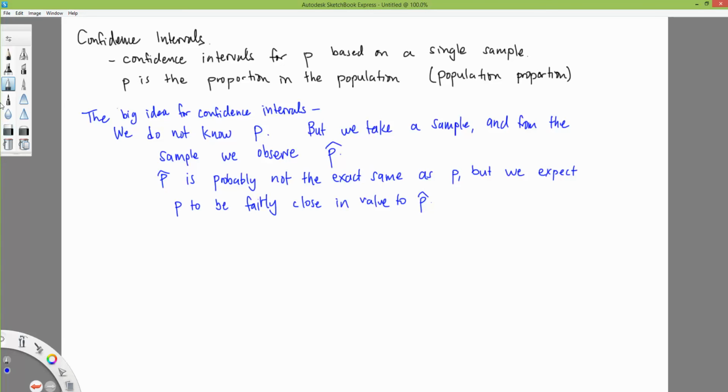Okay, so a confidence interval will basically be p hat plus or minus, and I'm going to write this thing called the margin of error.